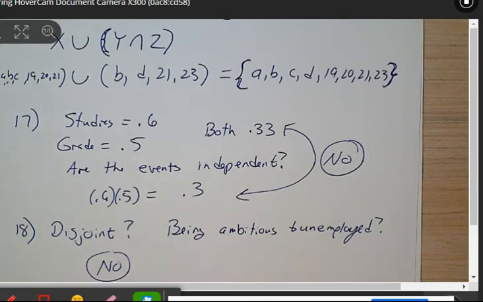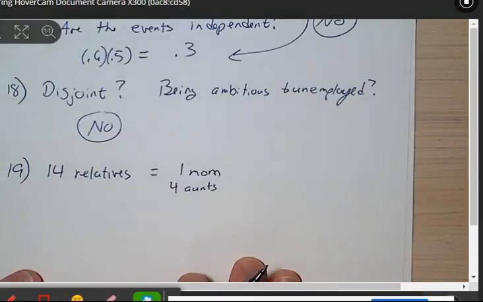Okay, for question 19, basically it says that there are 14 relatives invited to a party. She's got her mom, four aunts, sorry, here we go. 14 relatives.